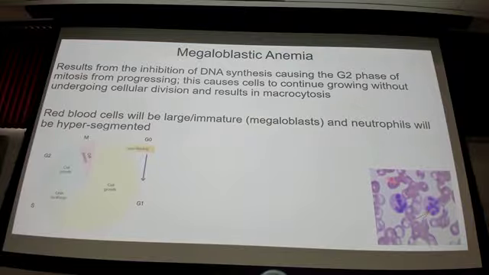So, large immature red blood cells and hypersegmented neutrophils. Any questions?